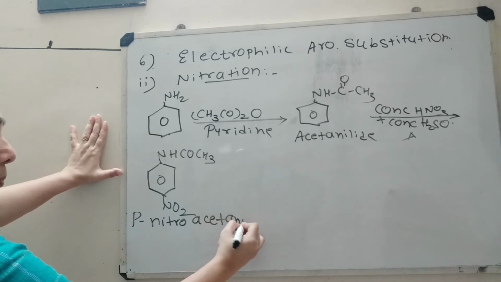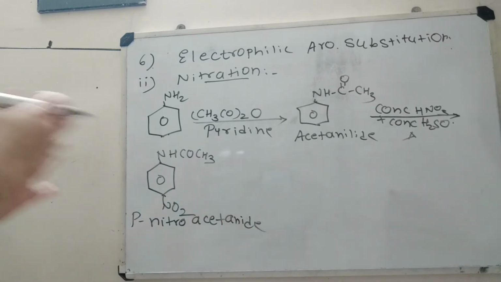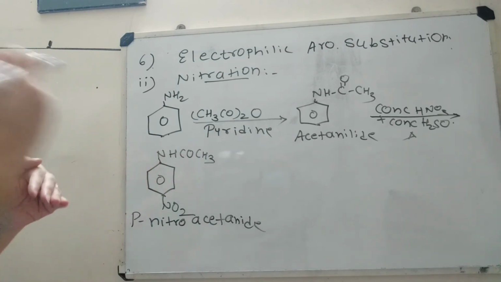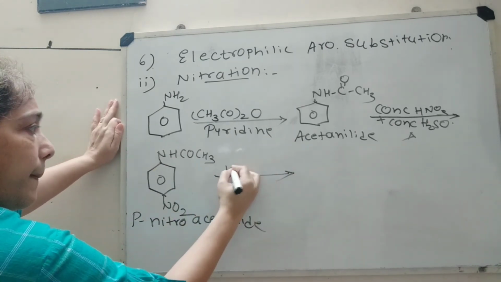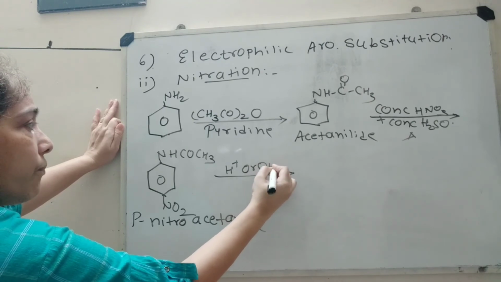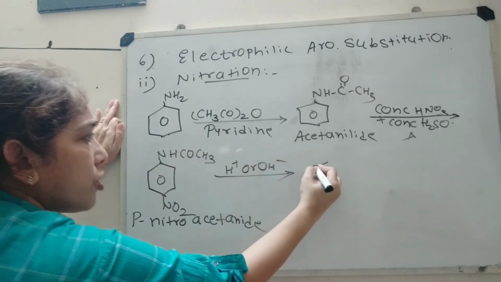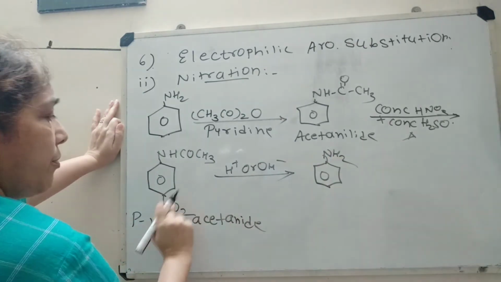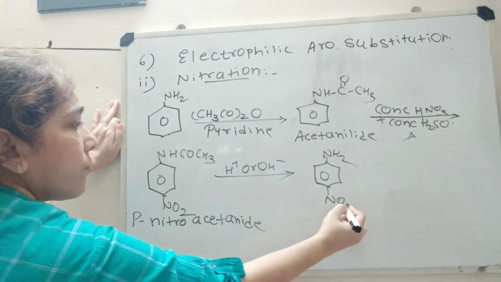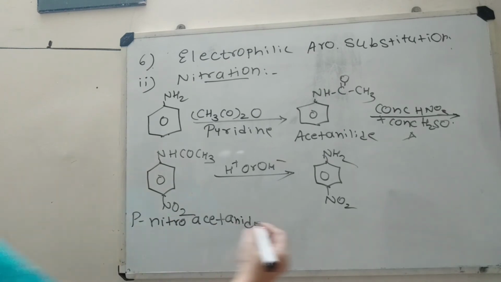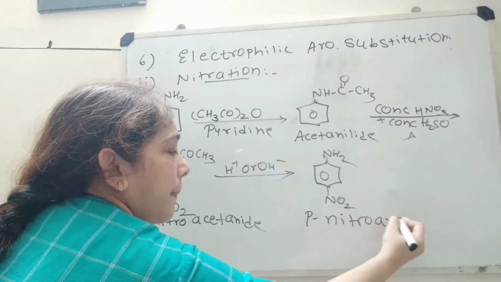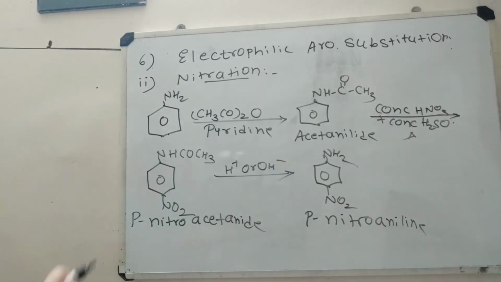And in the last step, this anilide group undergoes hydrolysis. Then this group again changes to the aniline group. The NO2 will remain as it is, and it is known as para-nitroaniline.